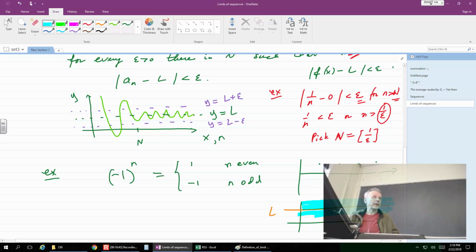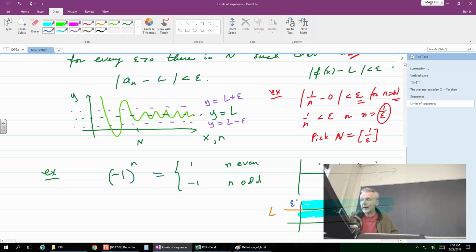And that band can be as narrow as we like. So what's the limit? There's no limit. There is no way we can fit.